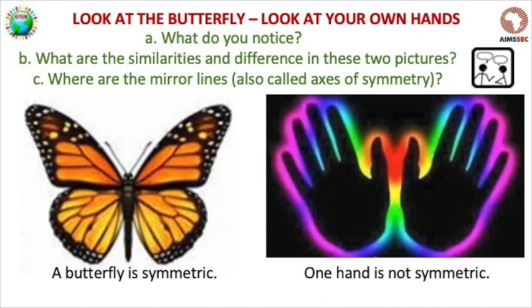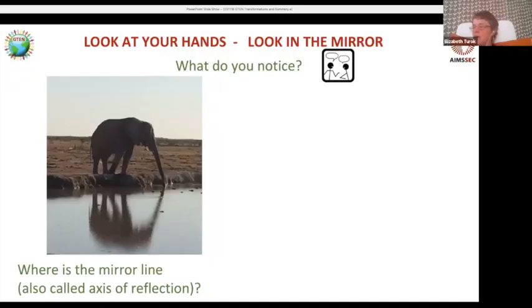But if you take one hand on its own, it doesn't have a line of symmetry. If you just hold up your own hand, you can't find a line of symmetry. But with a pair of hands, you can have a line of symmetry right down the middle. And if we look at this picture, we can see this elephant. If you look, you can see the reflection of the elephant in the water. So where would the mirror line be?